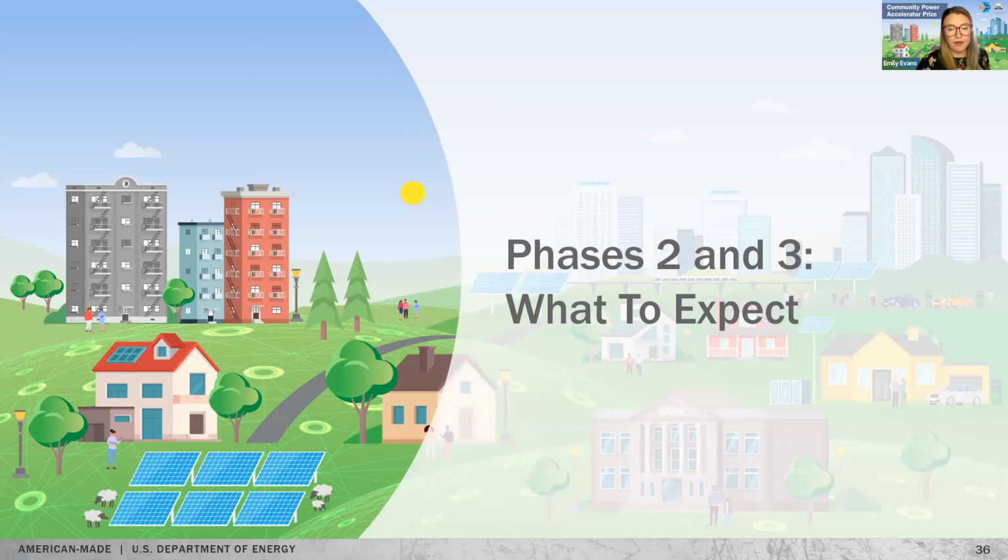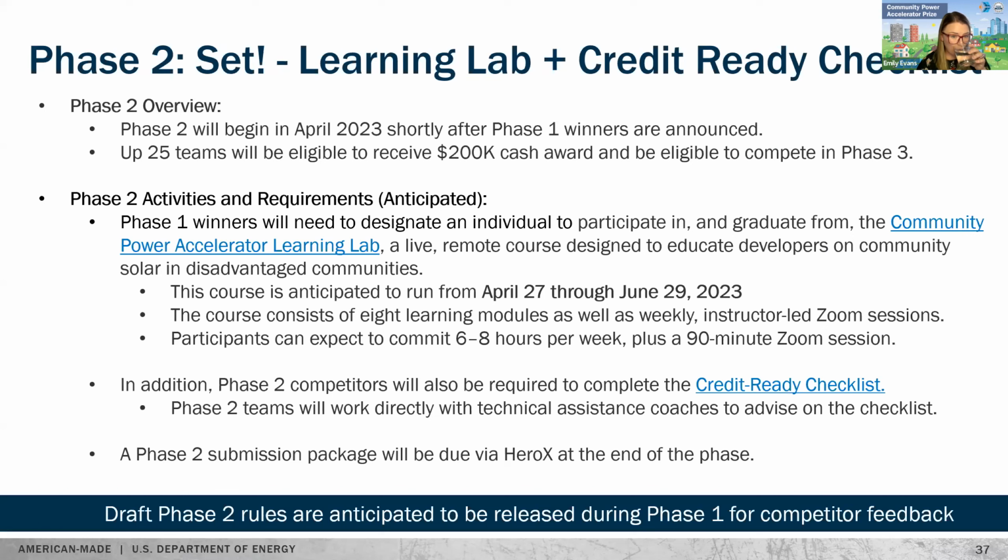All right, before we head into our Q&A, I wanted to take a moment to talk about what competitors can expect in phases 2 and 3 of the prize. So phase 2. Phase 2 is going to begin in April 2023, shortly after phase 1 winners are announced.